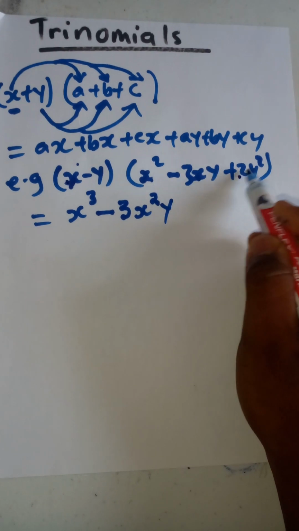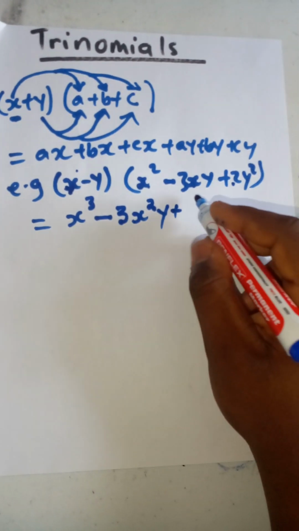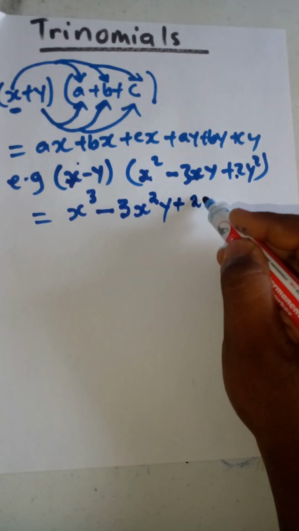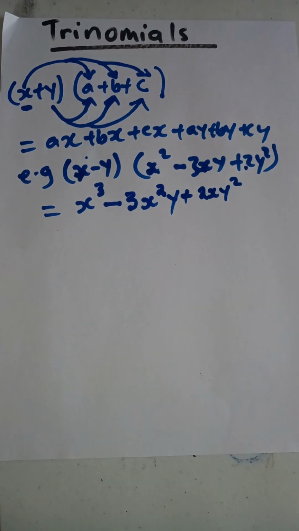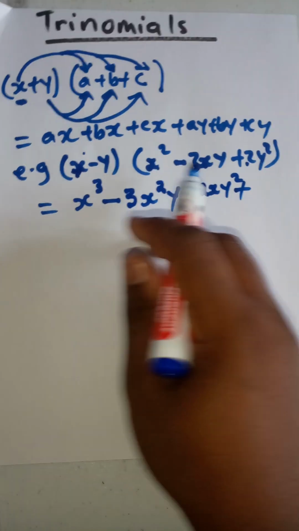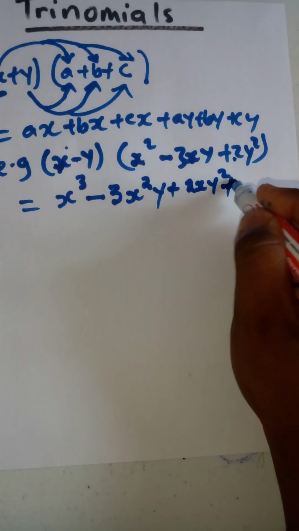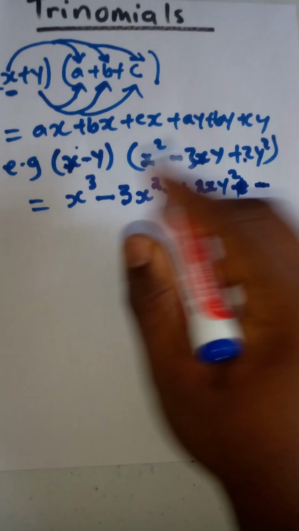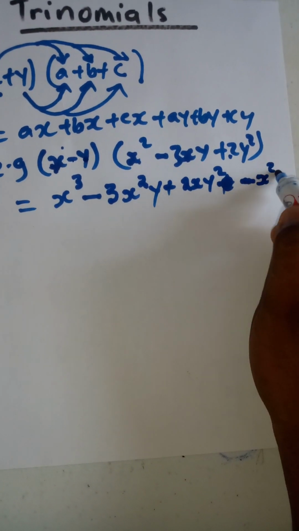x times 2y squared, so everything is positive, so I will write positive here. And then now what do I have? 2xy squared, just writing it in an alphabetical way. Okay, so plus, seems like I don't have a space, I'll continue here. Then now let's continue. Oh, it's a negative, so it means that here I'll have what? A negative y times x, so this is negative x squared y.